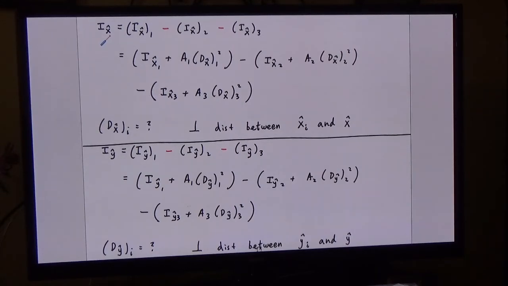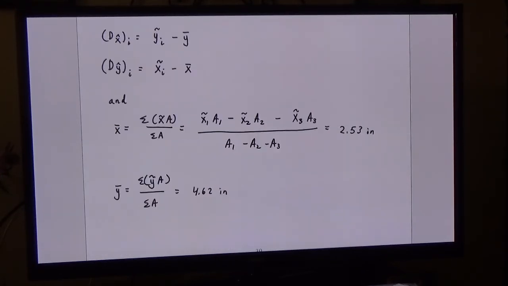And it's always going to turn out that this dx hat is y tilde minus y bar, and dy hat is always going to turn out to be x tilde minus x bar. So you don't need to derive this again. You can just use the results that we learned from this problem in any future problems that are similar.